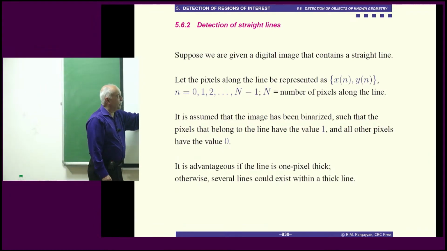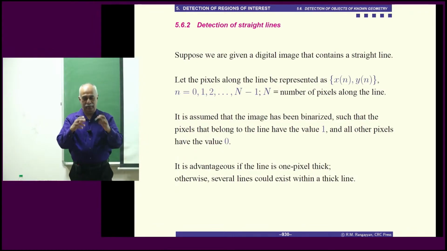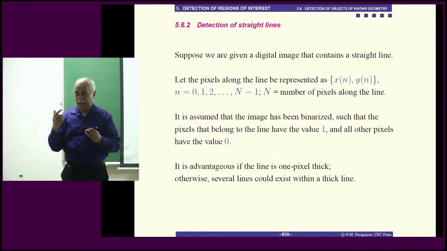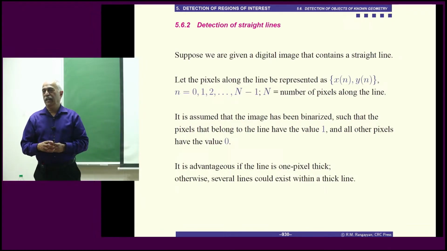It is advantageous if the line is 1 pixel thick. Otherwise, within a thick line, you could have multiple lines. So which line do you want is the question. So try to skeletonize the line that you have detected, so the line is only 1 pixel thick.